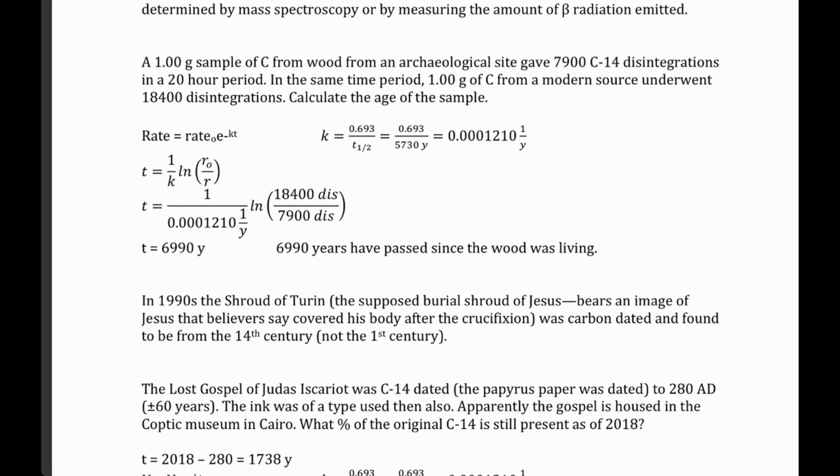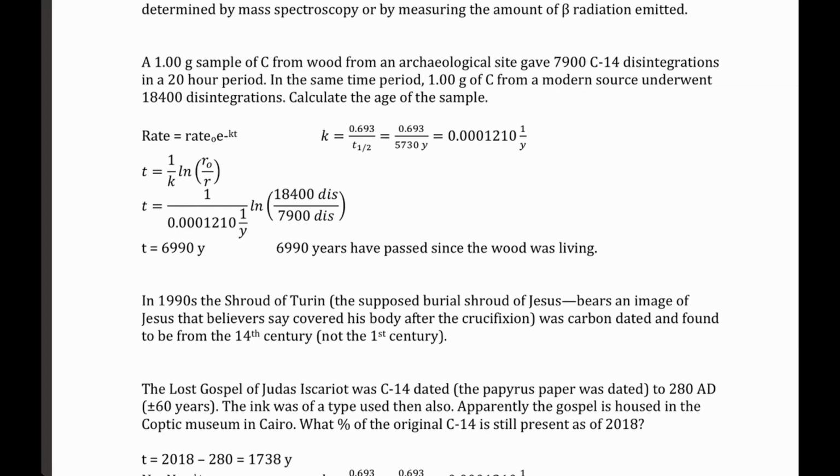Okay, so if we look at the modern source of this wood, we have 18,400 disintegrations per that time period. And that's because the modern source has a lot more carbon-14.